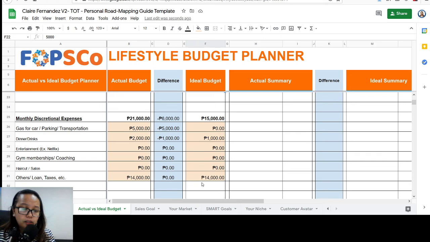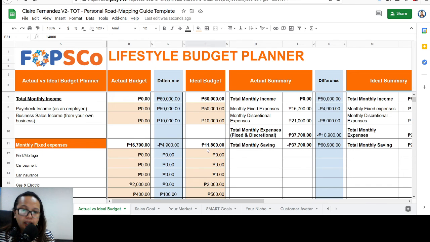For the monthly discretionary expenses, still because I don't have a car for now, dinner will make it 1,000 pesos. We're really saving up. And other loans and taxes, maybe still 14,000. Okay, so that's it. This is our lifestyle budget plan. It's really very important that we have this one here.